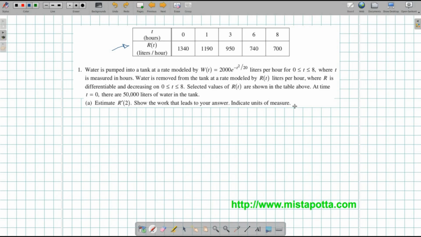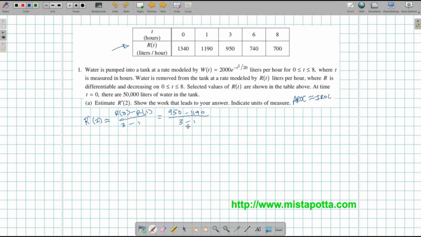Remember, the idea here is that we're using the fact that the average rate of change is a very good approximation for the instantaneous rate of change. So what we can do is say that r prime of 2 is approximately equal to r of 3 minus r of 1 over 3 minus 1. So I could say this is 950 minus 1190 over 3 minus 1.